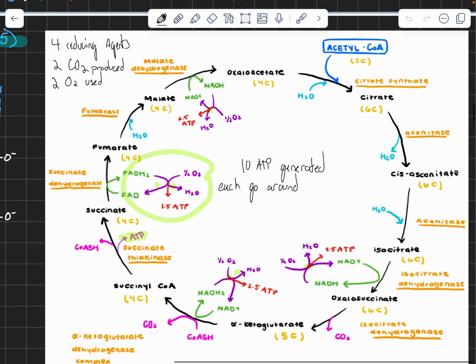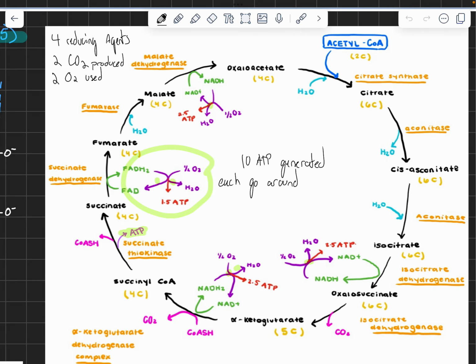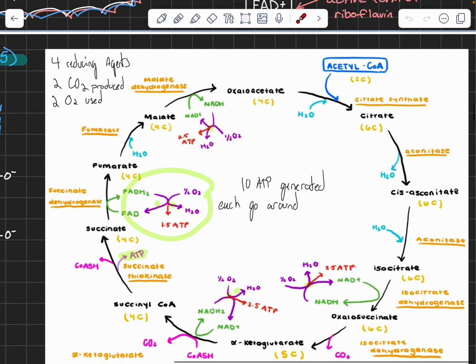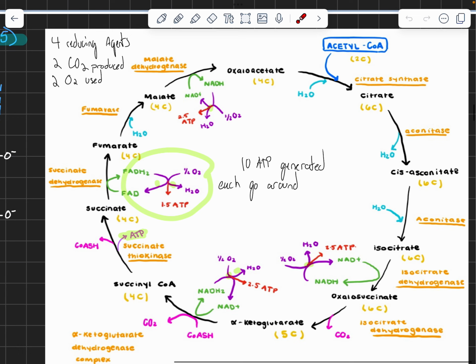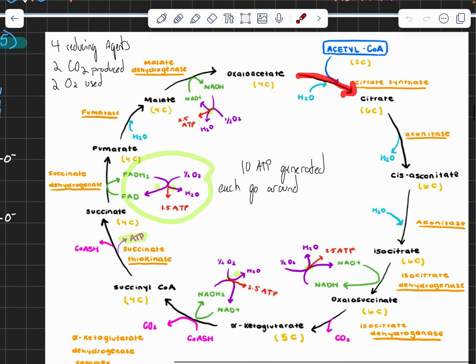So if we look right here, this is the TCA cycle. And what I want you guys to see, look, acetyl CoA is right there, and we have this little product called oxaloacetate. So what's going to happen is oxaloacetate is going to bind with acetyl CoA, and we're going to transform into citrate through the enzyme citrate synthase.